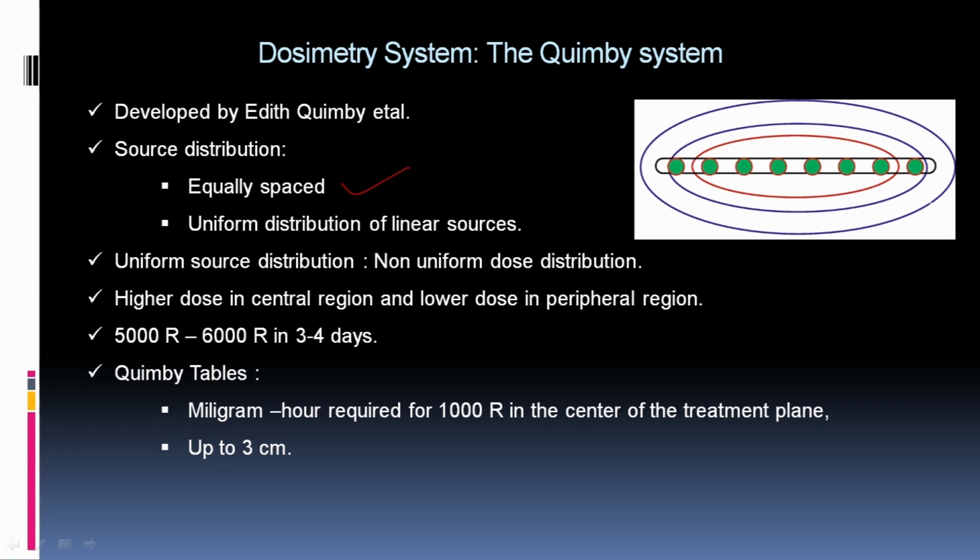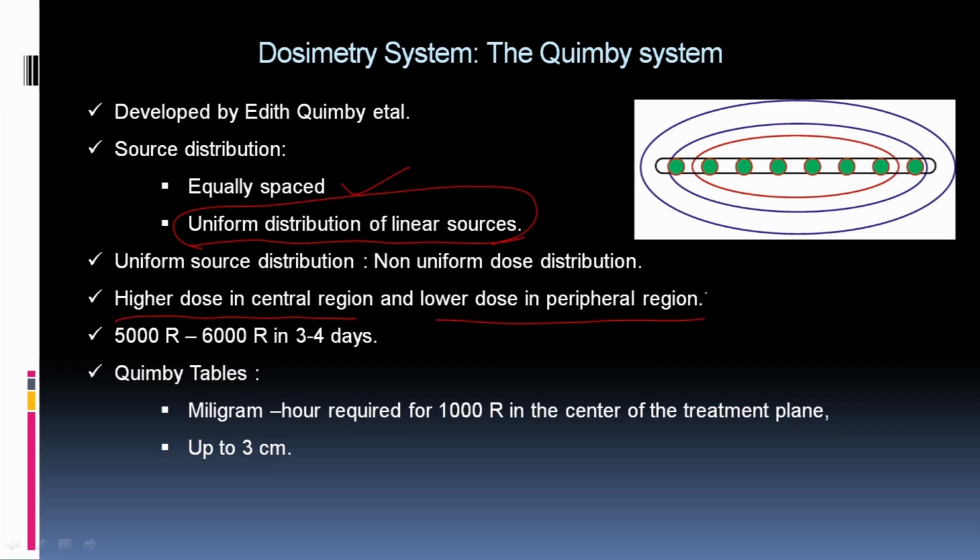Here you can see a distribution, a uniform distribution of linear sources applied in the patient. So, we distribute the radioactive isotope uniformly throughout the target volume, and because of the uniform source distribution, we end up with a non-uniform dose distribution. We get a higher dose in the central region and a lower dose in the peripheral region.